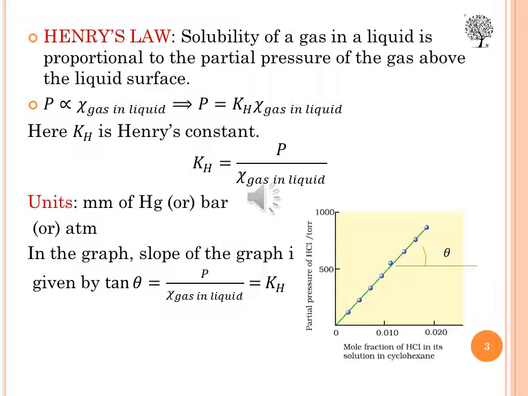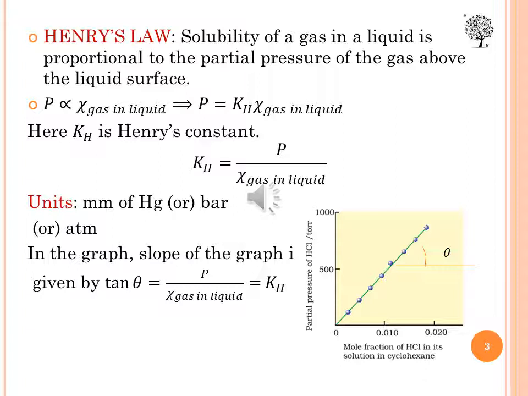On the right hand side, what you see is a graph. That graph is there in your NCERT textbook. What has been plotted here? Mole fraction and partial pressure, for a particular solution. And you know always that the slope of a line is given by tan theta. So compare P is equal to Kh into mole fraction of gas in liquid with y is equal to mx.